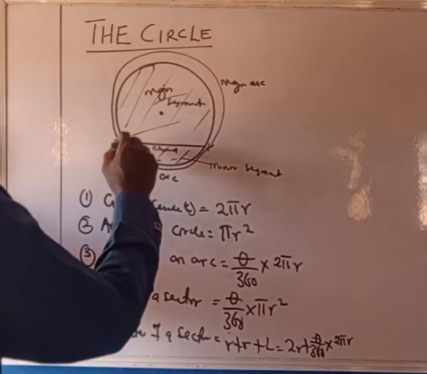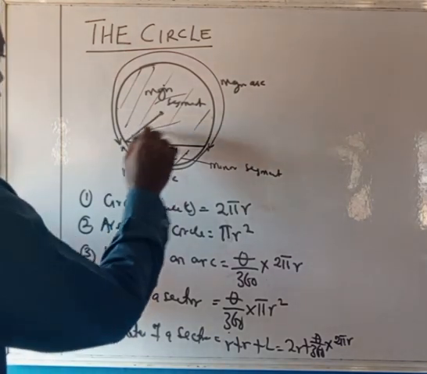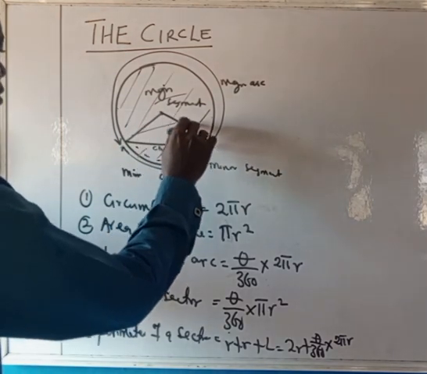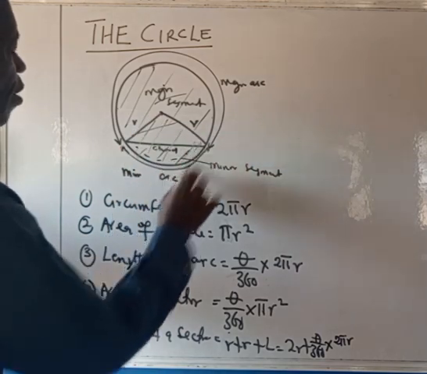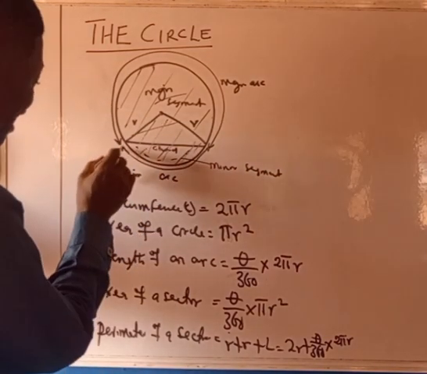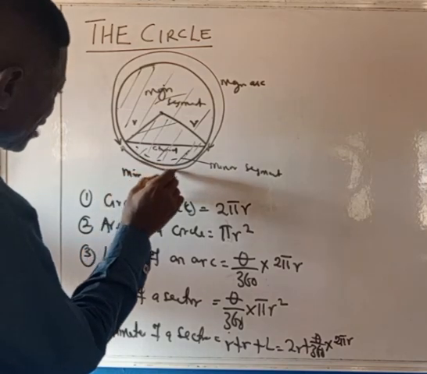Remember, if I trace this one back to the center, and this one back to the center, these are radii, and the whole of this portion is called a sector. This line alone is called the arc, the length of an arc.